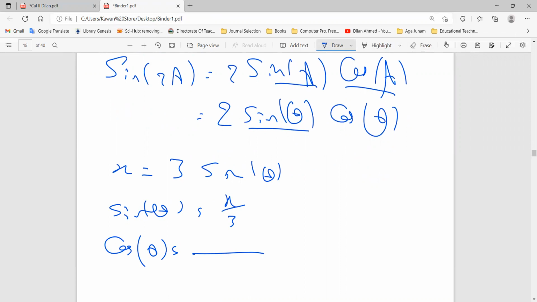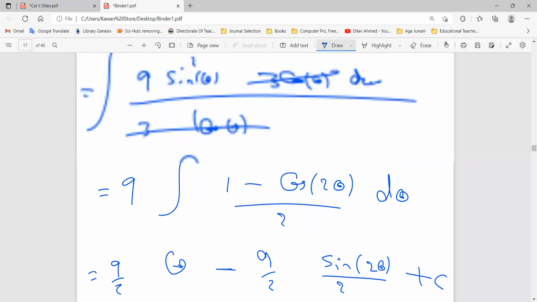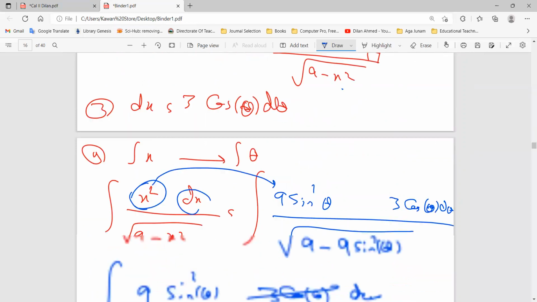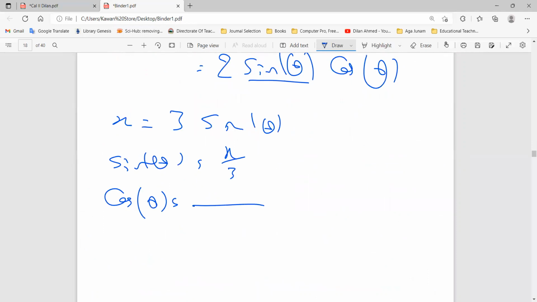If you don't know, go back to the triangle. So cosine is equal to that one over that one. Am I right? Yes, you are right: square root of 9 minus x squared over 3.